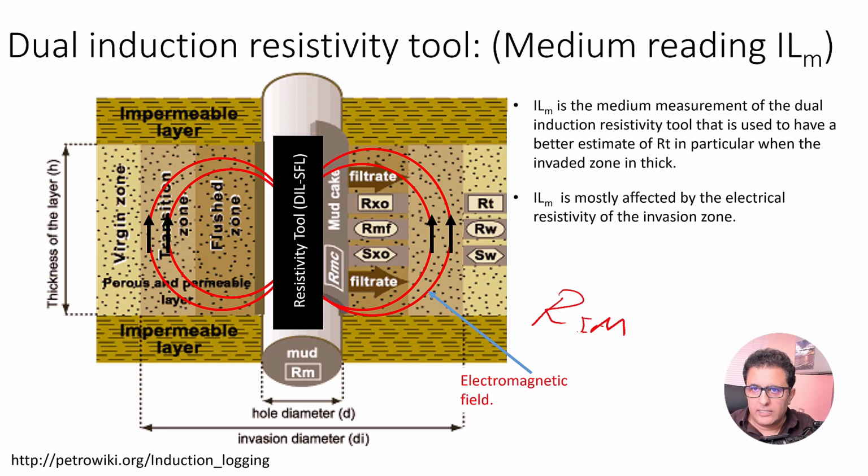And as a result, we're going to have three resistivities. So one resistivity is provided by a spherically focused log, or RSFL.